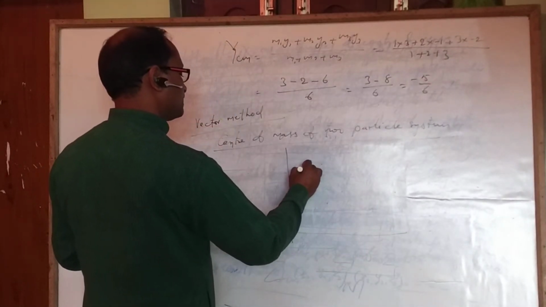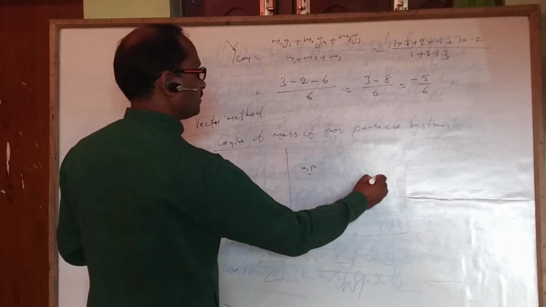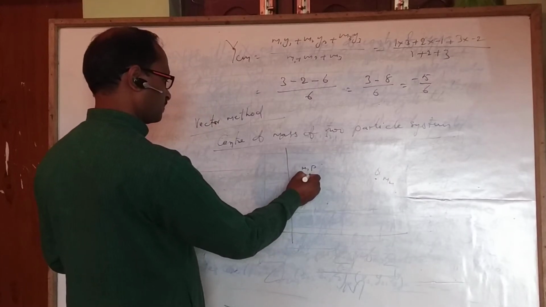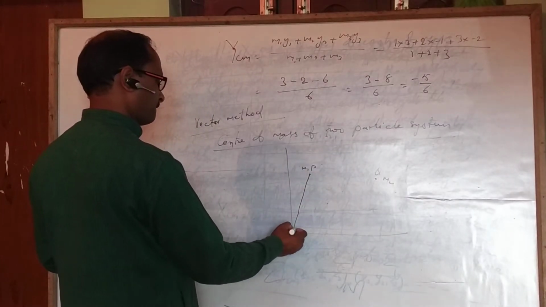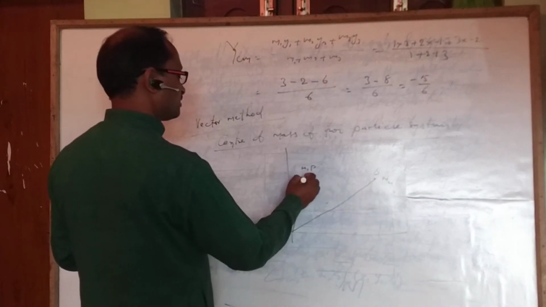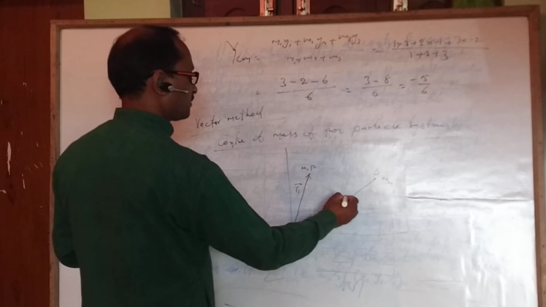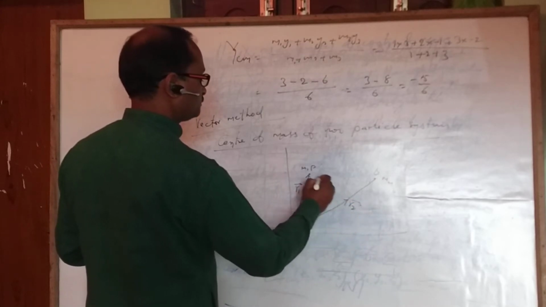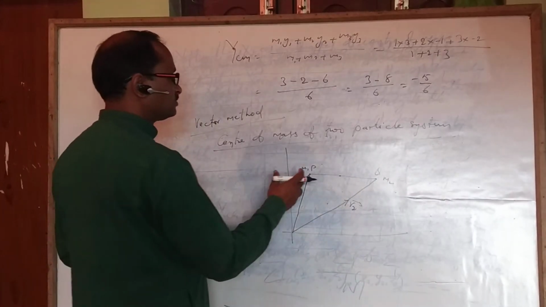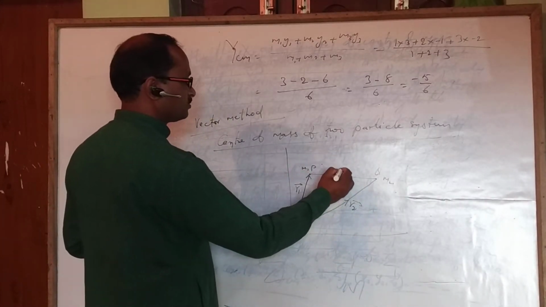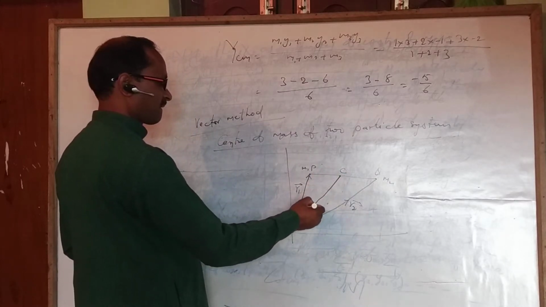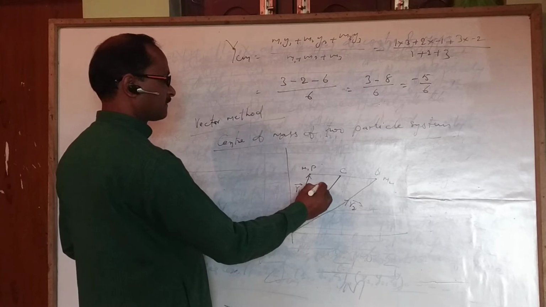Let two particles of masses m1 and m2 be at points P and Q. The position vectors of points P and Q are r1 and r2. Center of mass of this two particle system lies on the straight line PQ, and the position vector of center of mass is r.